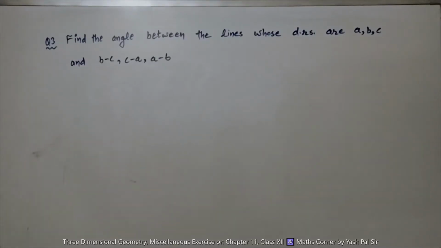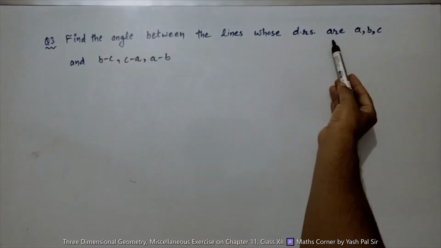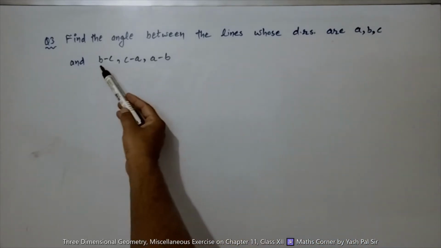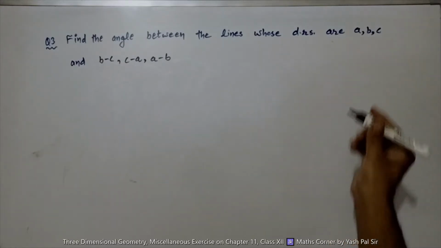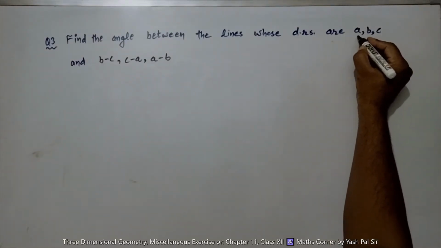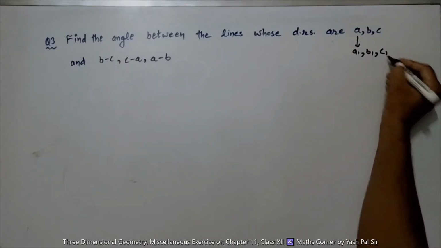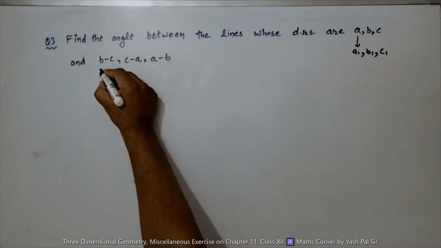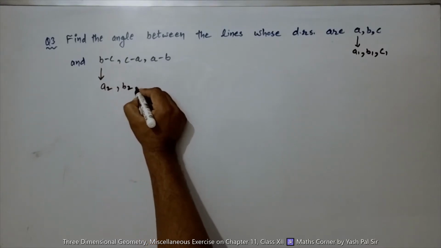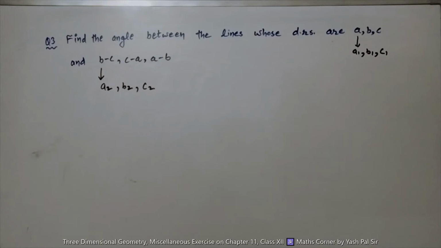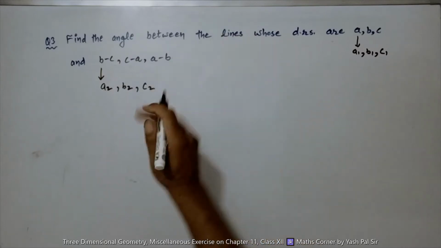Question number 3. Find the angle between the lines whose direction ratios are a, b, c and b minus c, c minus a, a minus b. Here we can say they are a1, b1, c1 and a2, b2, c2. So the angle theta is the angle between the two lines.